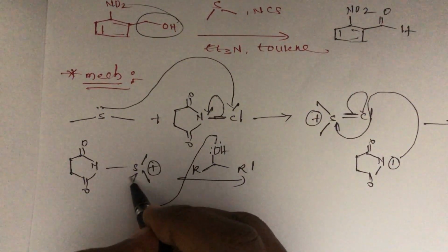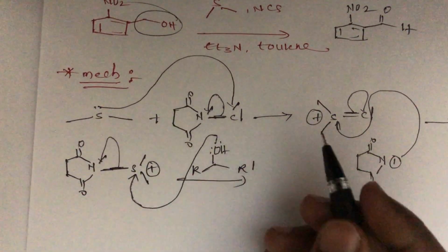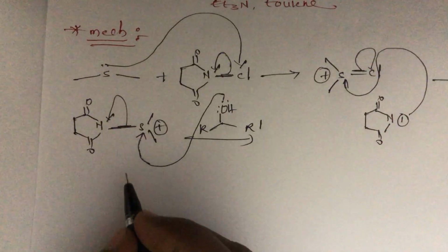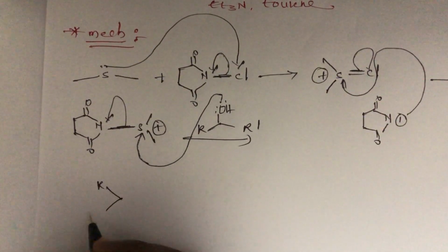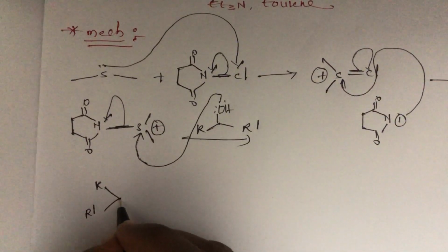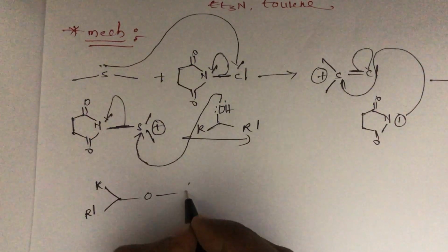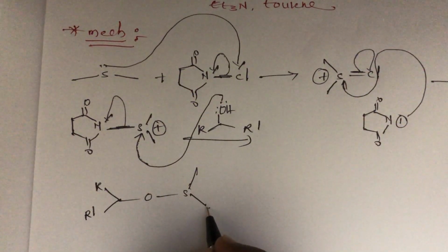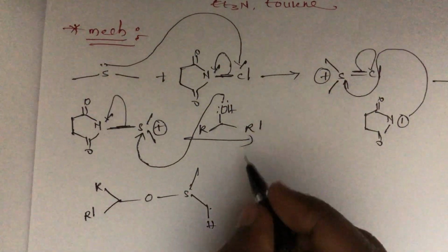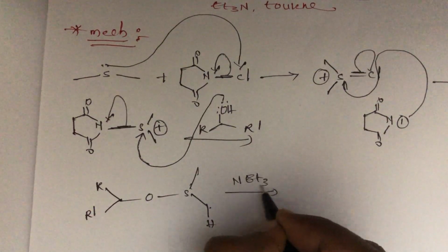This lone pair of electrons migrates toward the sulfur center, and this bond migrates towards the nitrogen. Then we can get the compound. Once you know one reaction, all are similar. You can identify sulfur, here we have CH3, and you can write H here. Again we are using triethylamine, which is the base.